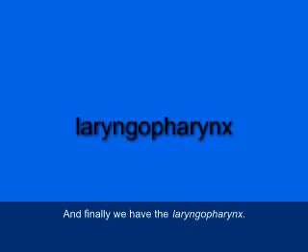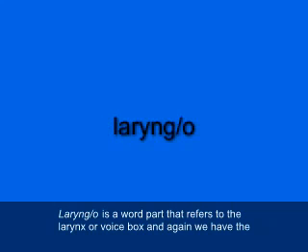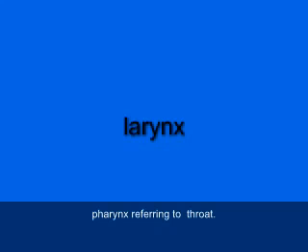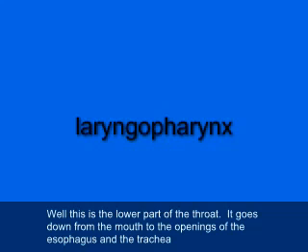And finally, we have the laryngopharynx, L-A-R-Y-N-G-O-P-H-A-R-Y-N-X. Laryng/o is a word part that refers to the larynx or voice box. And again, we have the pharynx referring to throat. Well, this is the lower part of the throat.